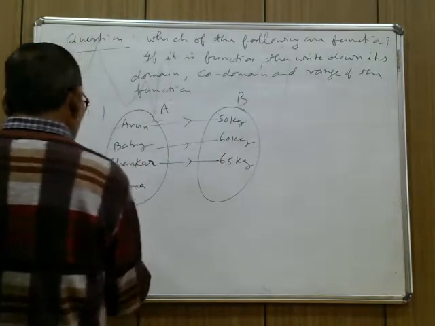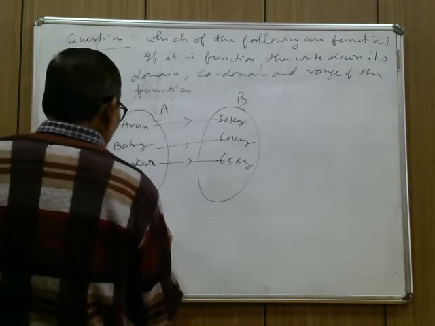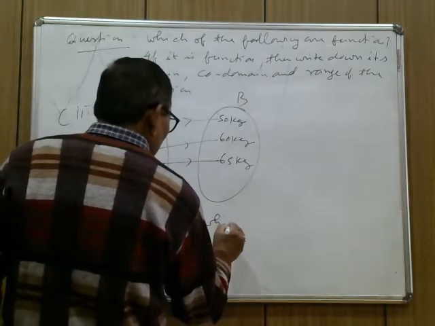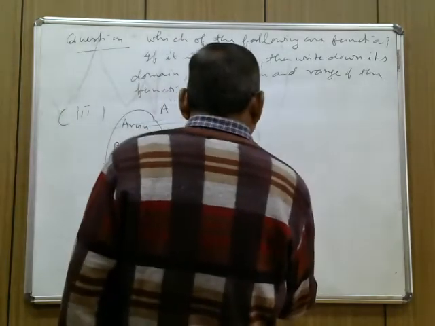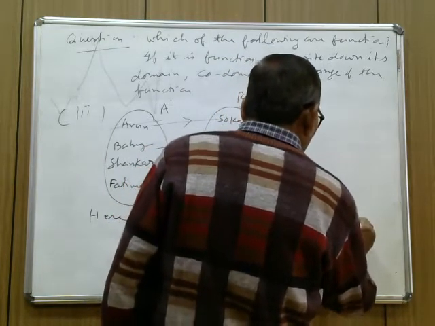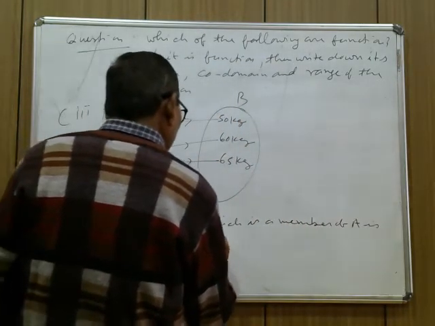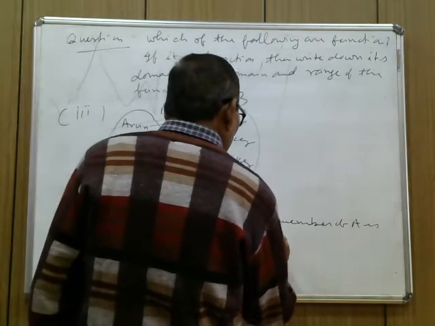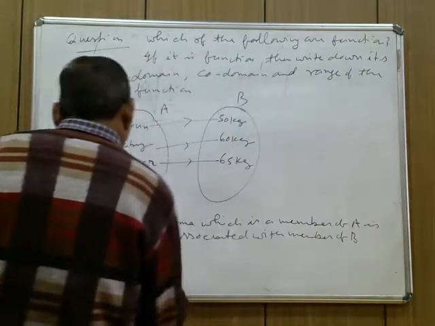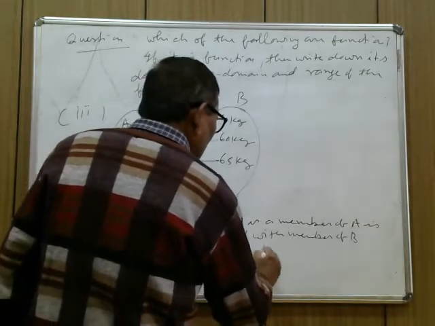So here the first condition is not satisfied. In the first, Fatima, which is a member of A, is not associated with a member of B. Therefore, f such that A to B is not a function.